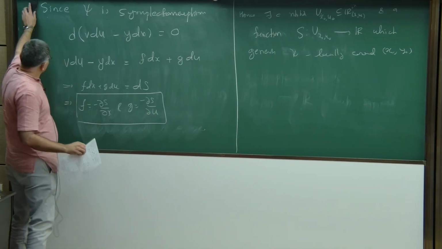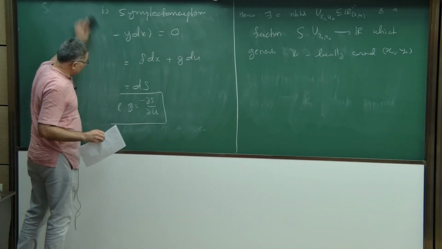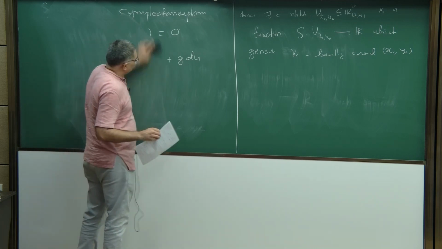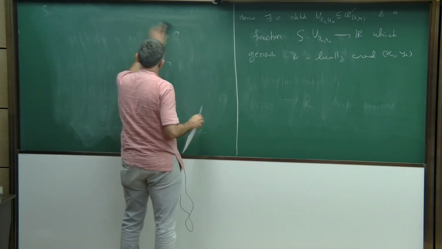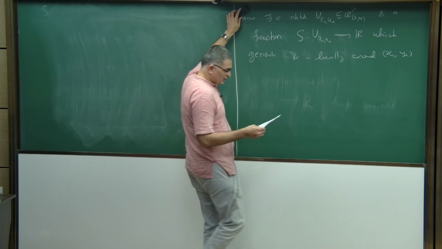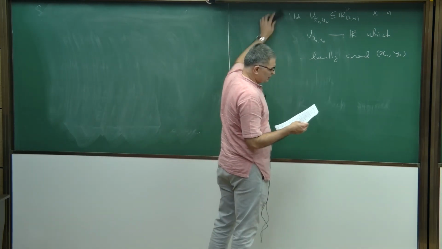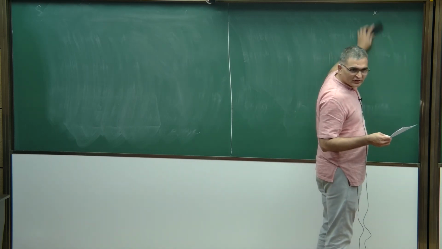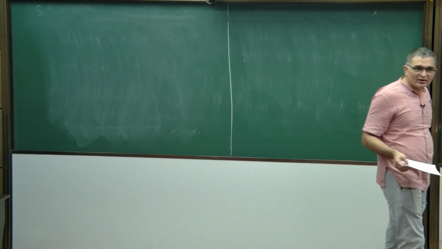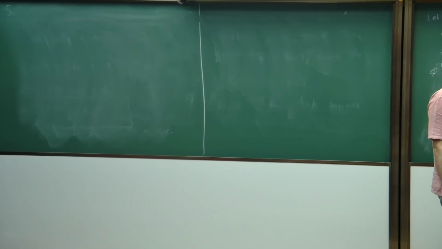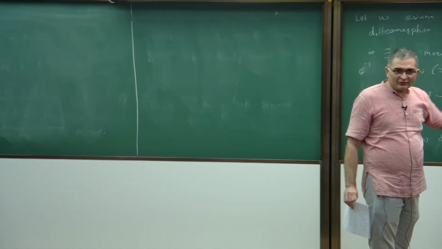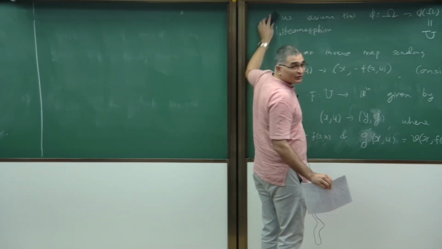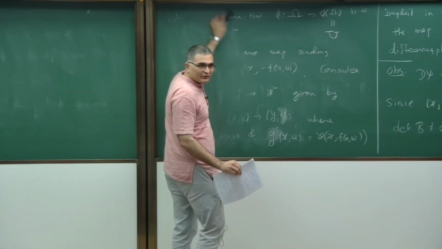But now, okay, now this is existence, but can you say something explicit about the generating function? And so next I want to give an explicit formula for the generating function for symplectomorphisms that are obtained by the time t map of a Hamiltonian flow.